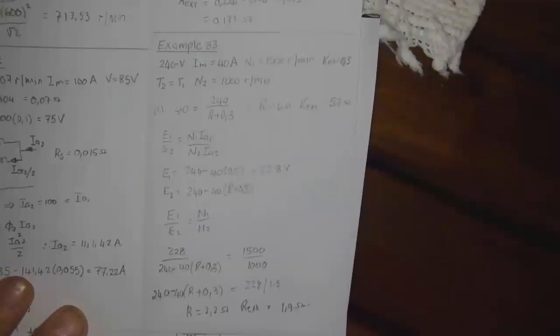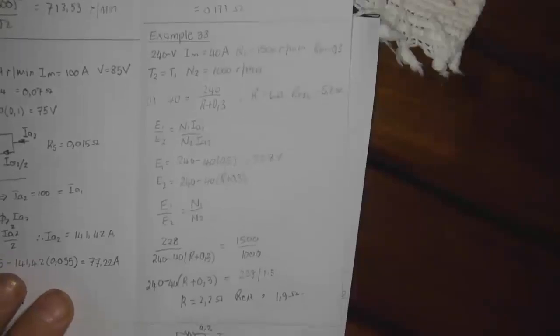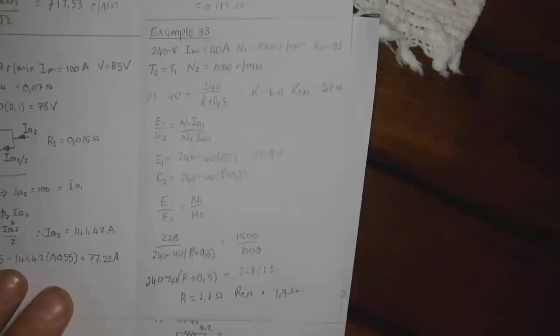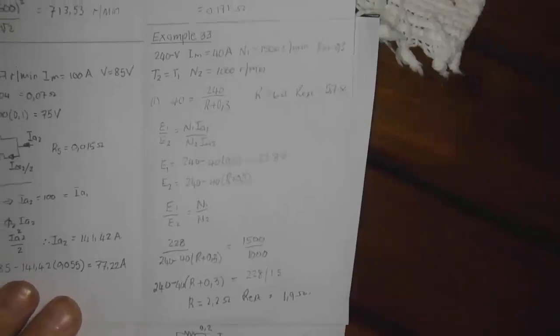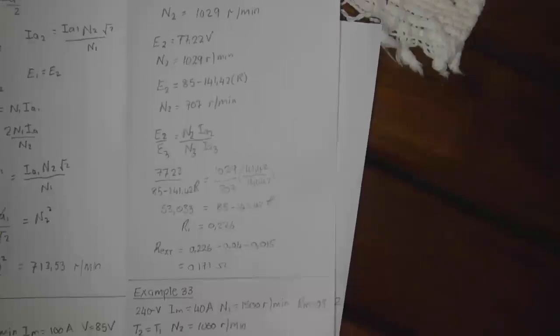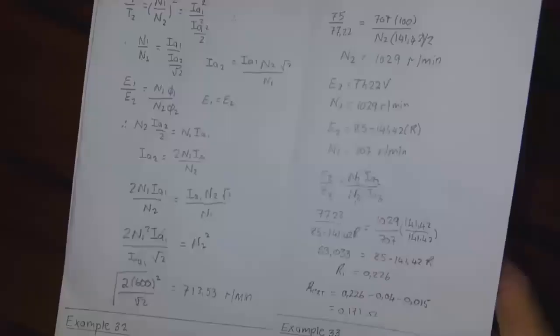And that's 228 over 240 minus 40 times R plus 0.03 is equal to 1,500 over 1,000. If we calculate R2, we find that it's 2.2 ohms, and therefore the external resistance is 1.9 ohms. Okay, are there any questions? You can see the same trend goes for all of these problems. You must just use the formulas that are given.